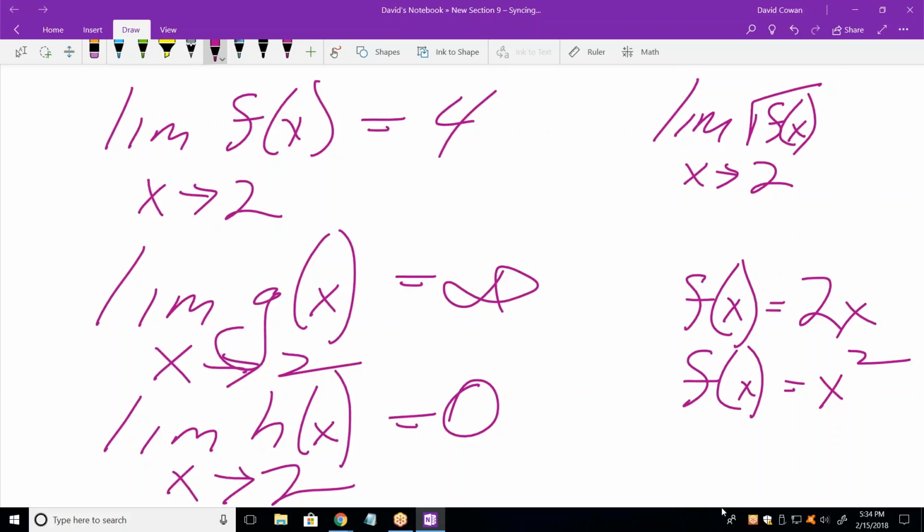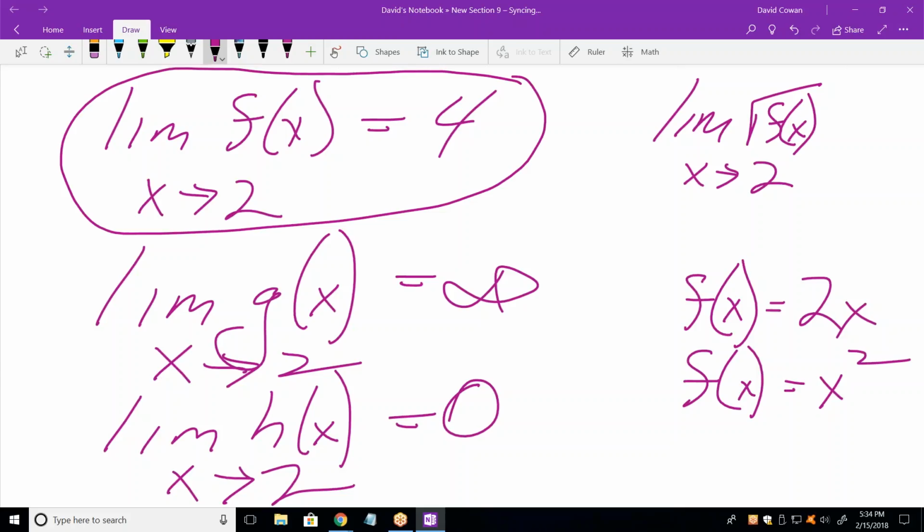I'm not sure I've seen limit problems quite like this. Yeah, they are. For one thing, that does not narrow down f of x. In other words, f of x could still be that, or f of x could be that, correct?